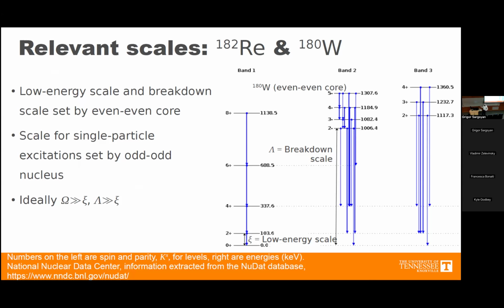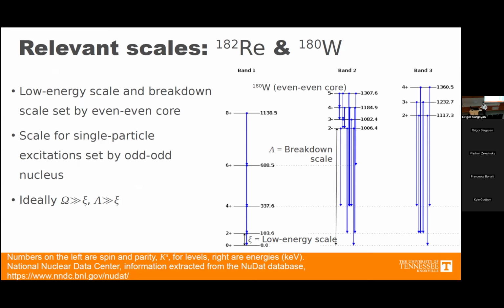In this particular instance, we look at the odd nucleus rhenium 182 and the associated even core of tungsten 180. So again we see that we have a reasonable separation of scales. The ratio of those energies gives us about a factor of 10 to work with, which is, in some sense, something you can do perturbation theory with. So that sets our low energy scale and our breakdown scale.